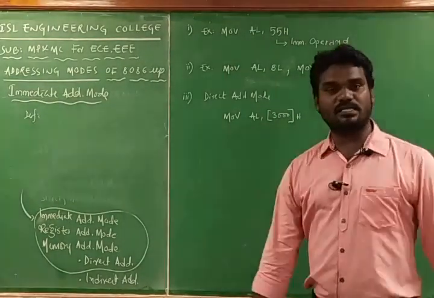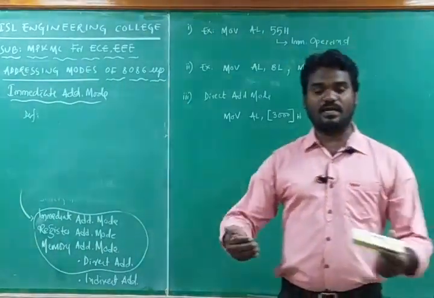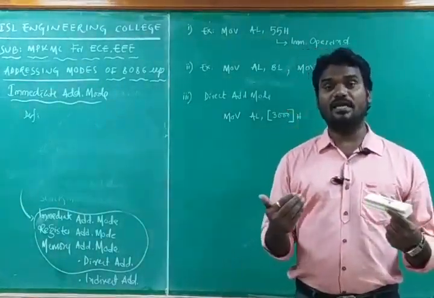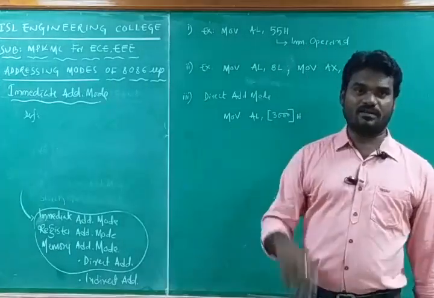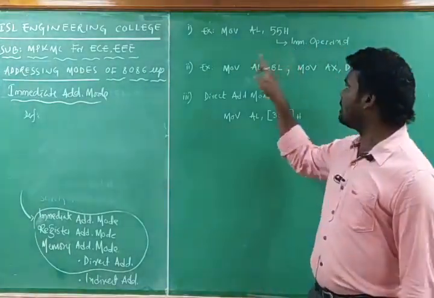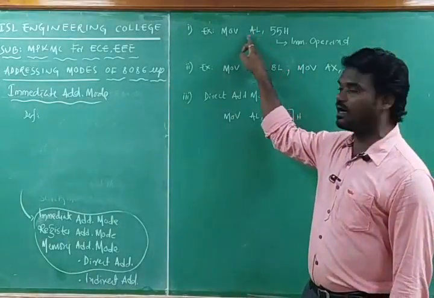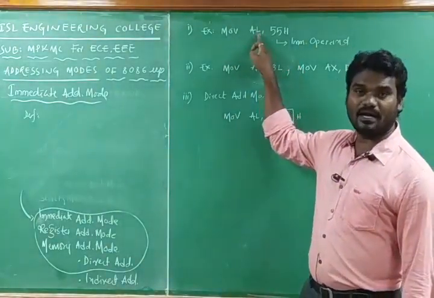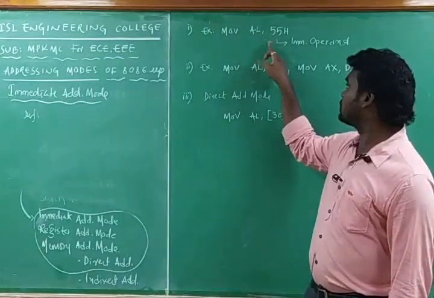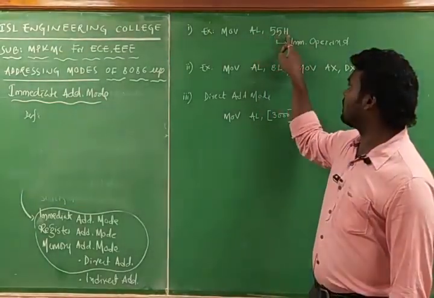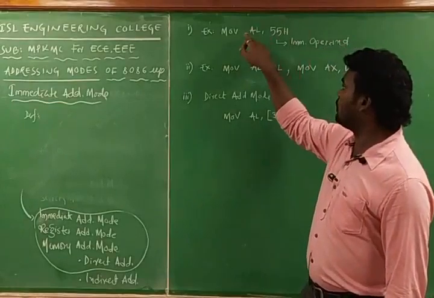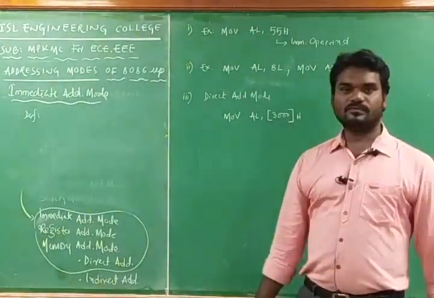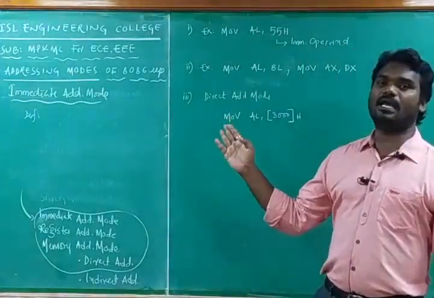Actually, the accumulator register can take 16 bits of data, but we don't require the total 16-bit space. We require only 8 bits, so the lower byte of the register is going to take the 55H, so that this complete 55H will move into AL. This is immediate addressing mode.